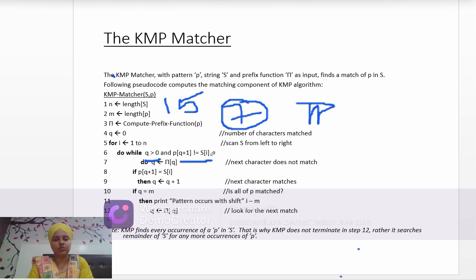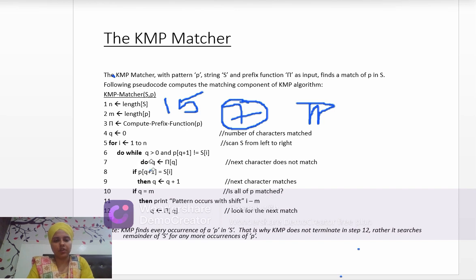If yes, then check whether q plus 1 is not equal to s of I. If it is not equal, that is, q plus 1 is not equal to s of I, the string character, it is not matching, so in that case we will check the prefix function of q, and based on that we will be doing the backtracking.